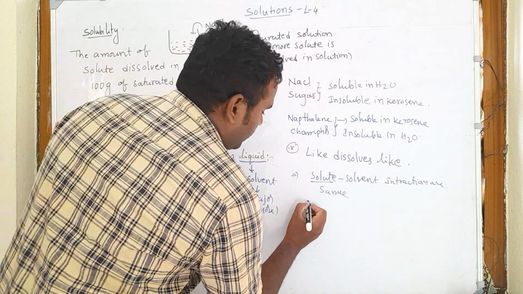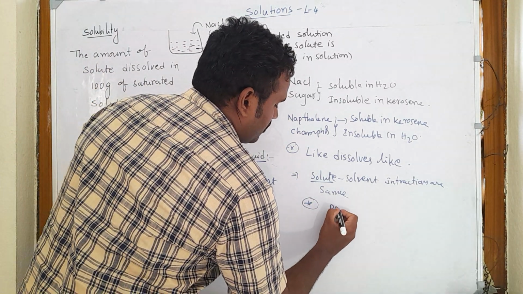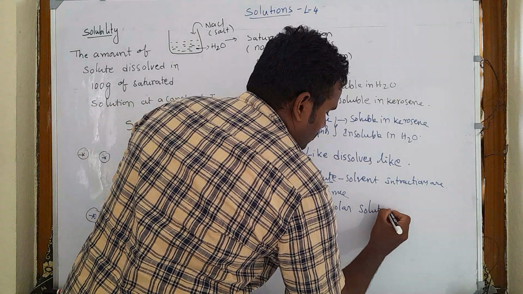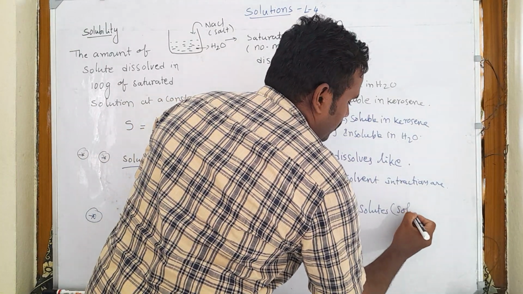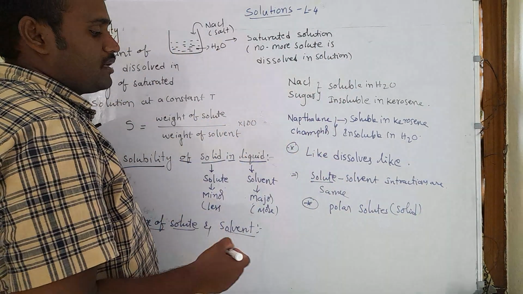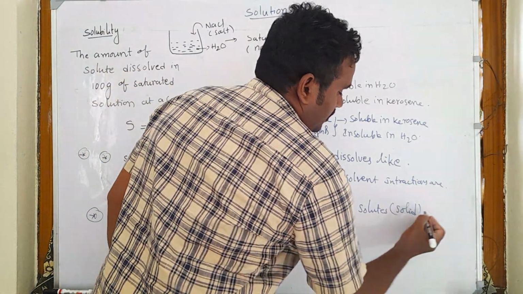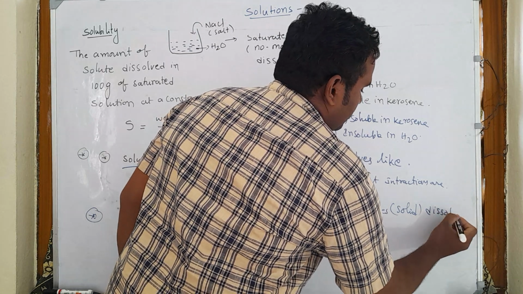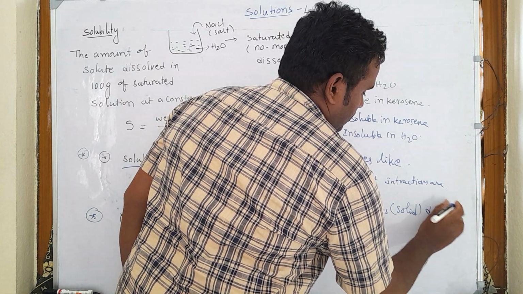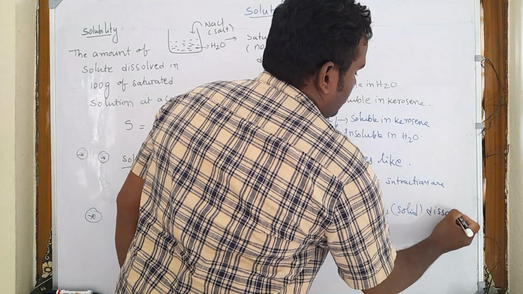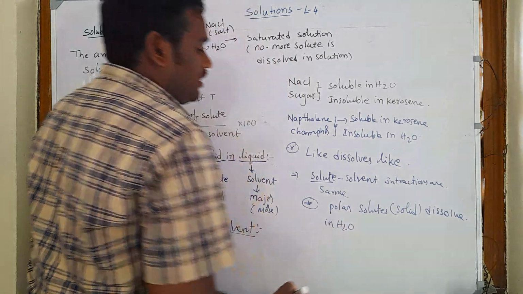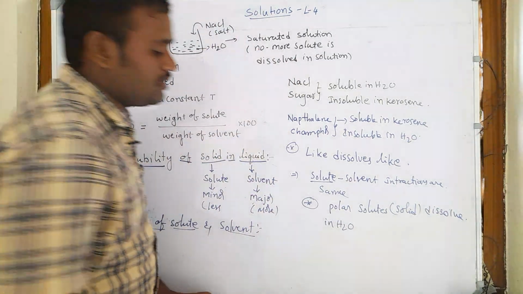Say for example, polar solutes, here our solute is solid, polar solids dissolve in H2O. So here, what is a polar solute? It means having charge separations.